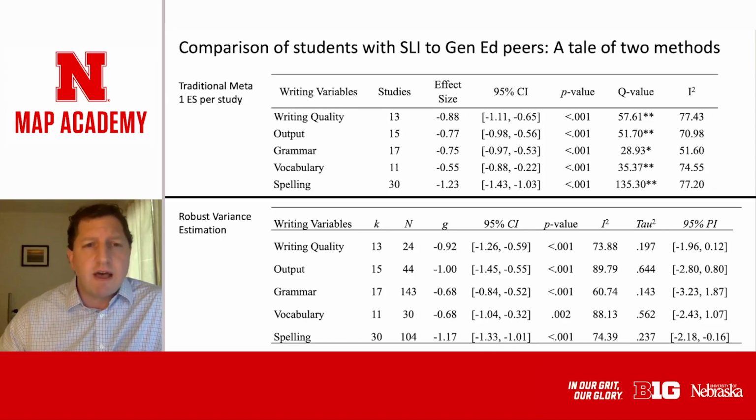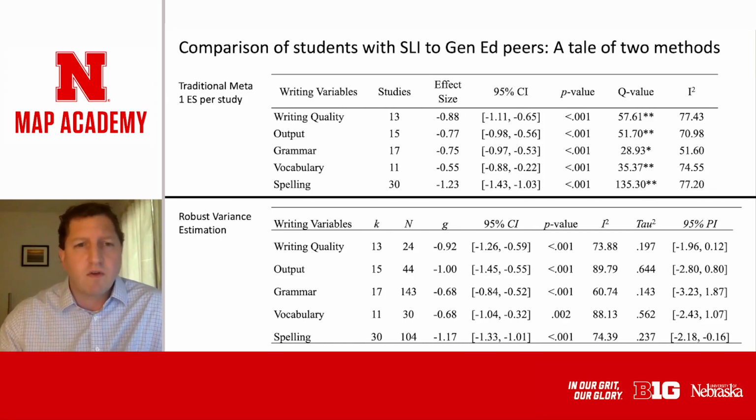And so that's on the top half. And you can see that there are several variables here: writing quality, output, grammar, vocabulary, spelling. Each one of those is a separate meta-analysis. So I just want to be clear that this isn't a single model. Each one of those is a different meta-analysis. And you can see the number of studies involved in each one of those, and then the effect sizes that are associated with it, confidence interval, and so on.